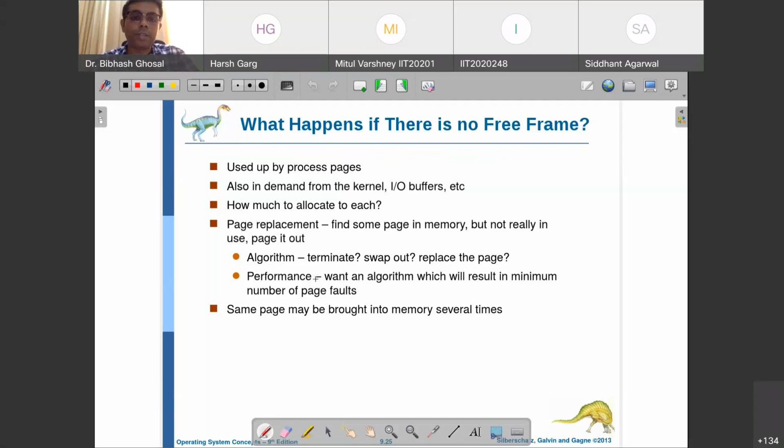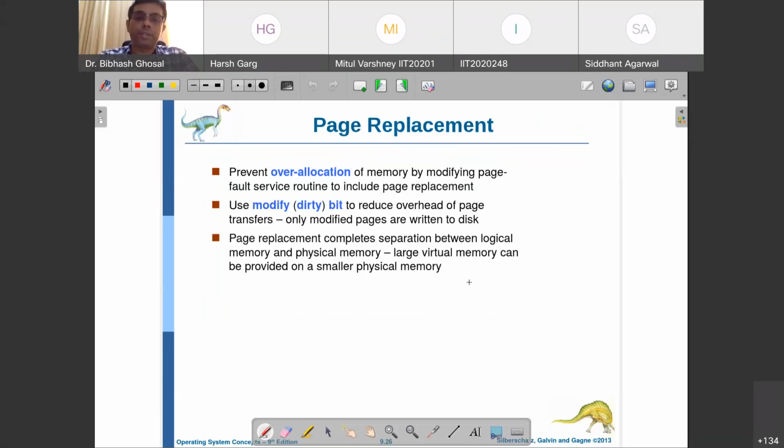So the algorithm is, you have to swap out some page and replace some page. Which pages are you going to replace? The pages to be replaced will be decided by some algorithm. And page replacement, as you see, prevents over-allocation of memory by modifying the page fault service routine to include page replacement.